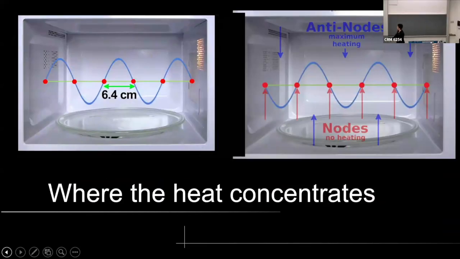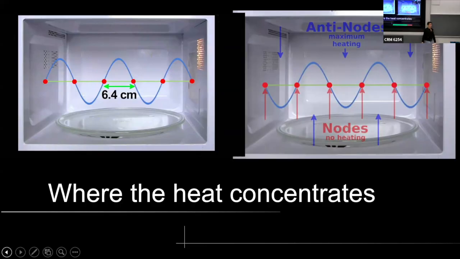So yeah, the wavelength is about 12. You try and design your microwave to be an integer multiple of 6.5. The nodes are where things aren't working well, so there's no heating. Wherever you have the peaks, that's where you have a great deal of heating.